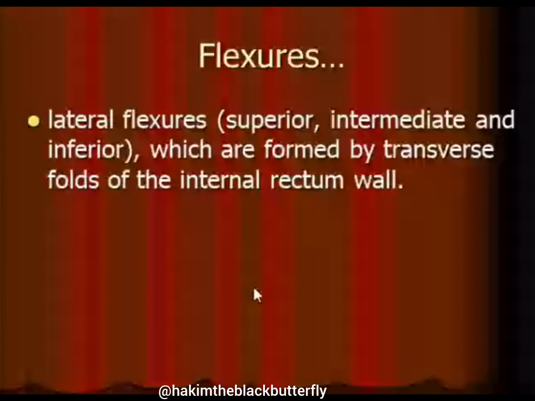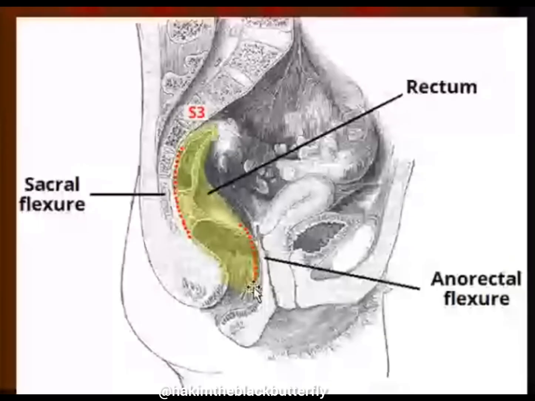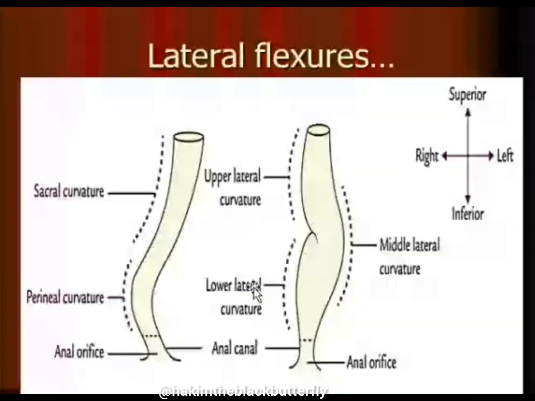There are other flexures laterally. These are just in sagittal section, but there are other flexures laterally, as we are seeing. There is what we call the upper lateral flexure, the middle lateral flexure, and then the lower lateral flexure. The lateral flexures are seen in coronal section. The sacral and the perineal or anorectal are seen in sagittal section. I want you to appreciate this.